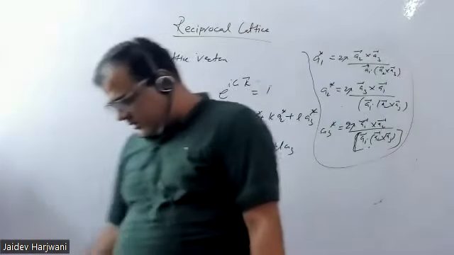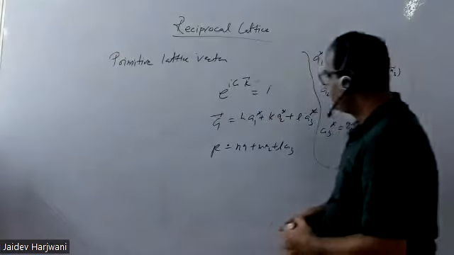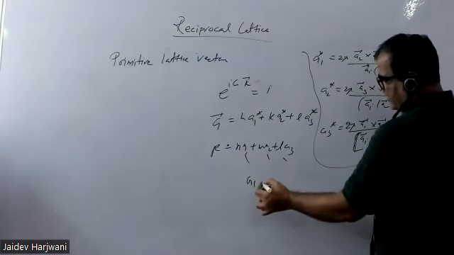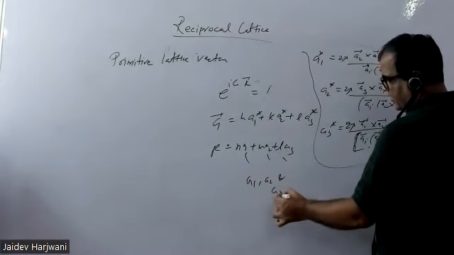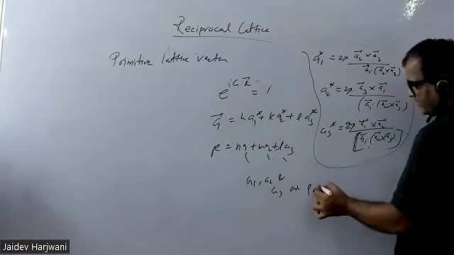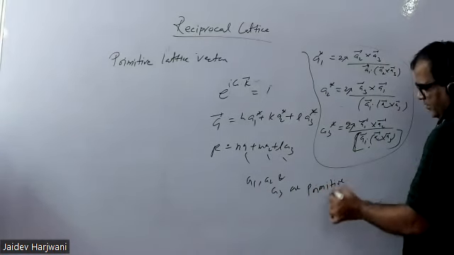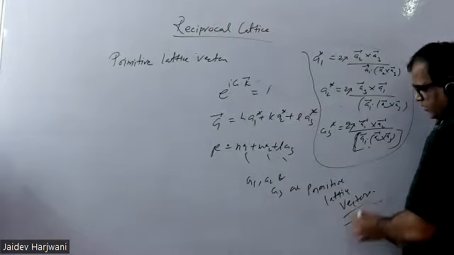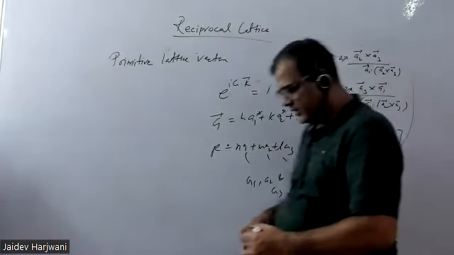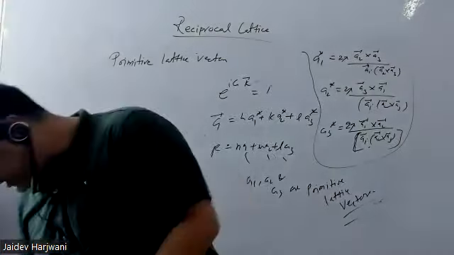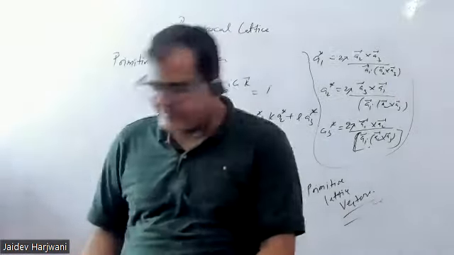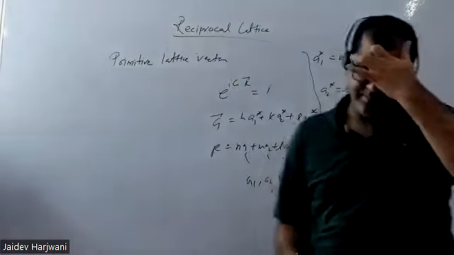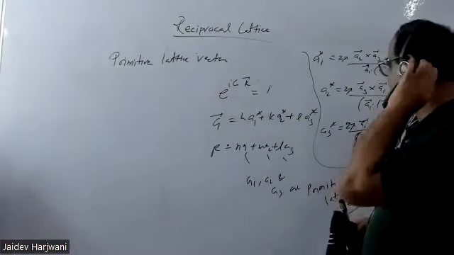Now here, a1, a2, a3 that I'm using are primitive lattice vectors. So in order to find the reciprocal lattice, you should know the primitive lattice vectors of different Bravais lattices or crystal structures.